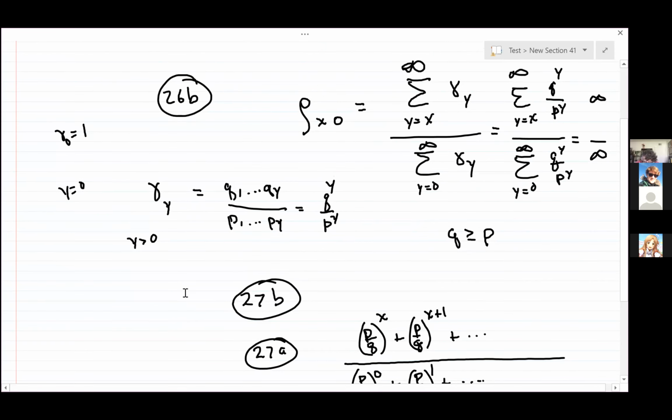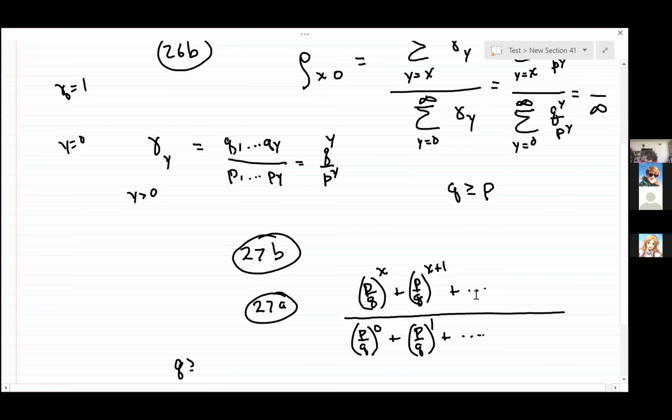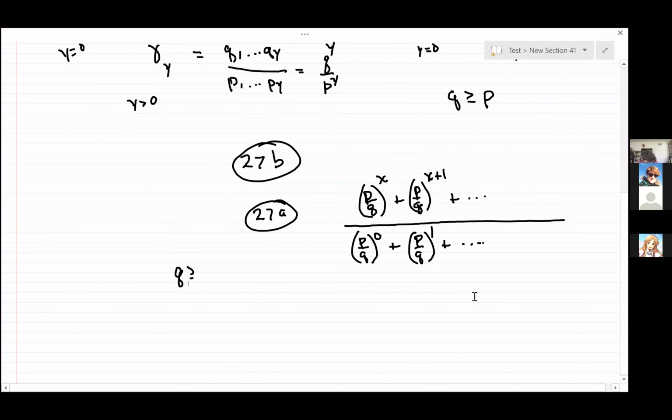Oh, let's see. No, something's wrong. So these should be Q over P, right? Oh yeah, it's Q over P. So rather than trying to correct it all, I'll just write it again.